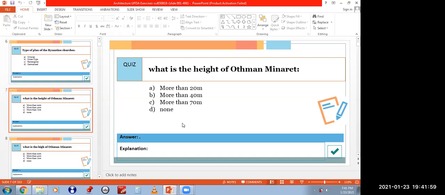What could be the answer for this? Do you know what's a minaret? Minarets are the columns on the mosque. And do you know what's an Ottoman minaret?